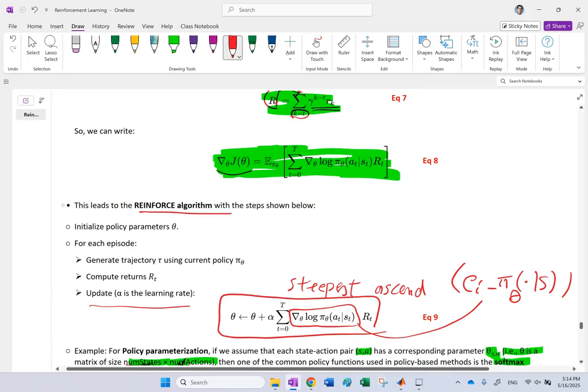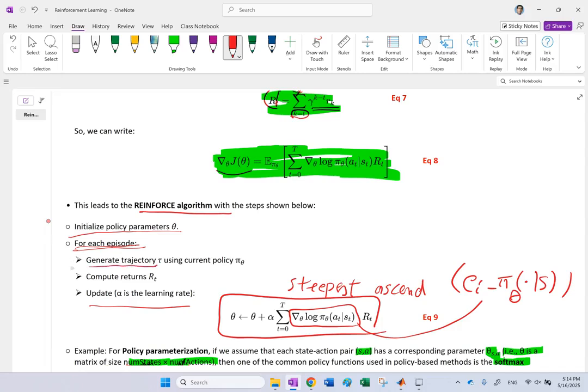Okay, I know it was a lot of math and a lot of proof and everything, but this is basically how it is. So if you want to write code for this, you have to initialize your thetas, right? And then for each episode that you do a training, starting from your initial state, you generate a trajectory under those thetas.